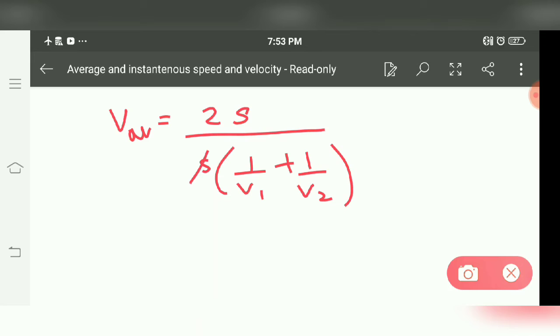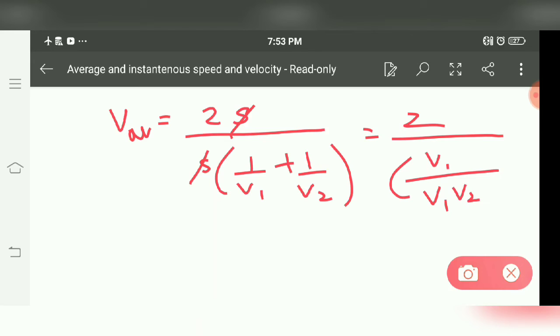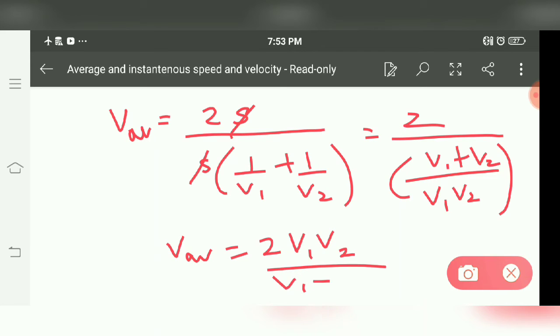The s cancels with the s, we get 2, and taking the LCM v1 v2 we get V average equal to 2 v1 v2 upon v1 plus v2. This is the formula directly for velocities where the displacement or distance is the same.